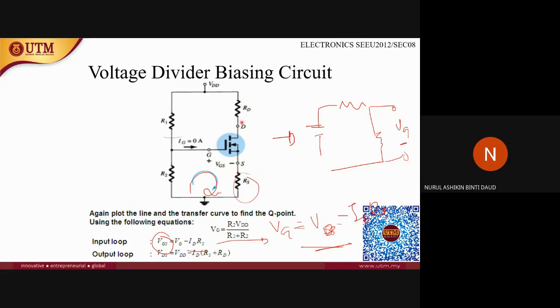The current at the drain is the same as the current flowing at the source, since these two resistors are in series. So these are the two equations that are important for this voltage divider biasing circuit.